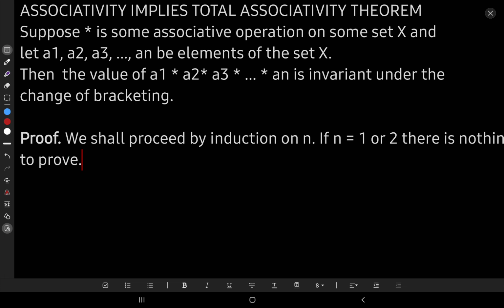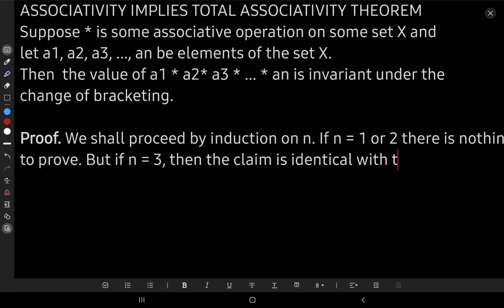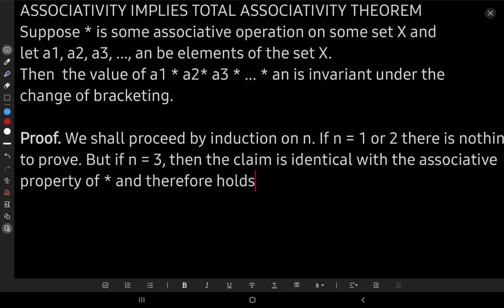So we're going to have to start from the case n is equal to 3. But if n is equal to 3, then the claim is identical with the associative property of asterisk and therefore holds.